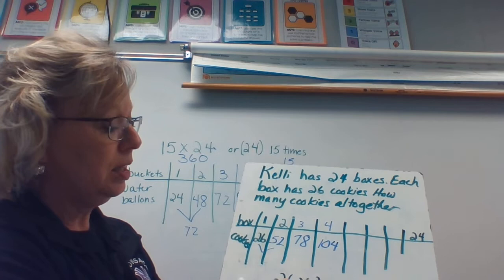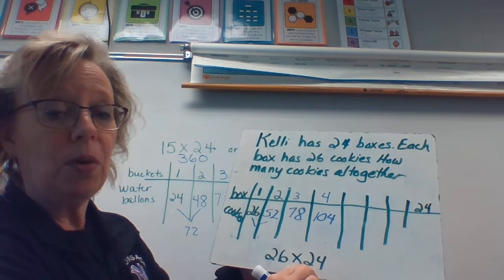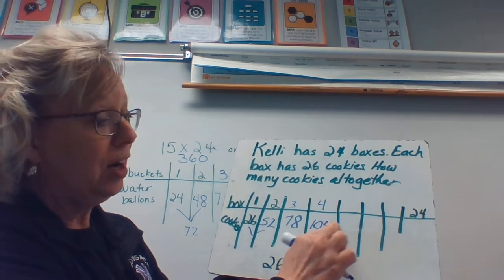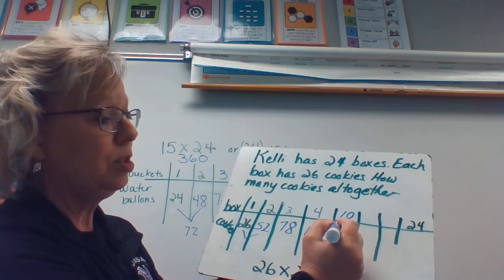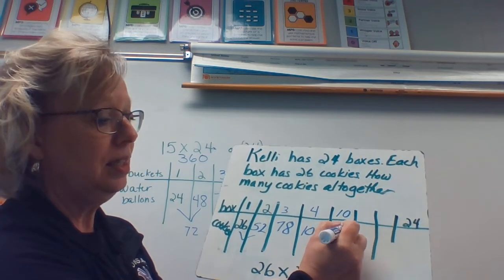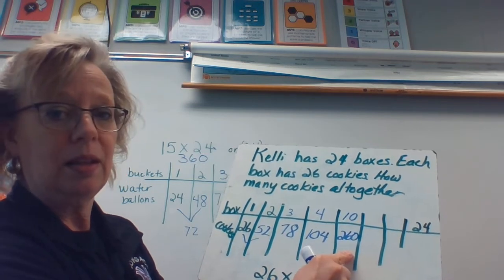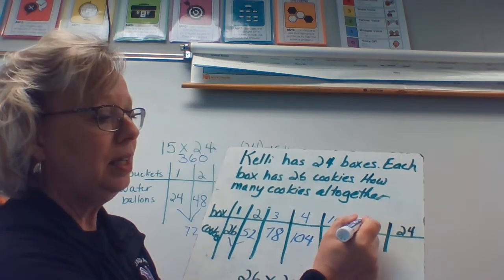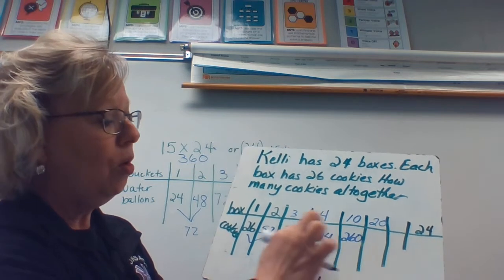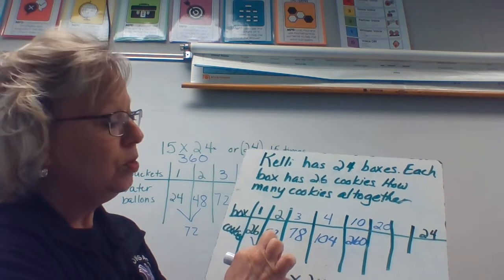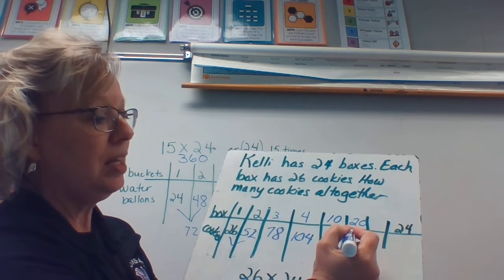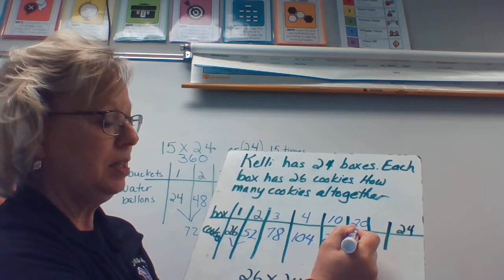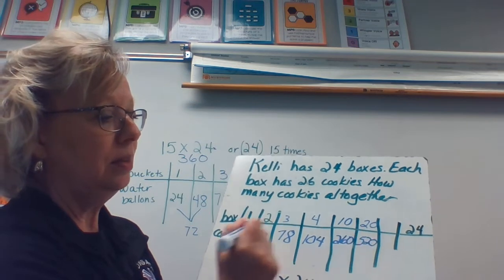Okay, so I've got 26. Here's my 24. I've got my 4. I just need 20. Well, if I go to 10 times 26 is 260. That means 20 is going to be twice as much, or if 2 times 26 is 52, then 20 times 26 is going to be 520.